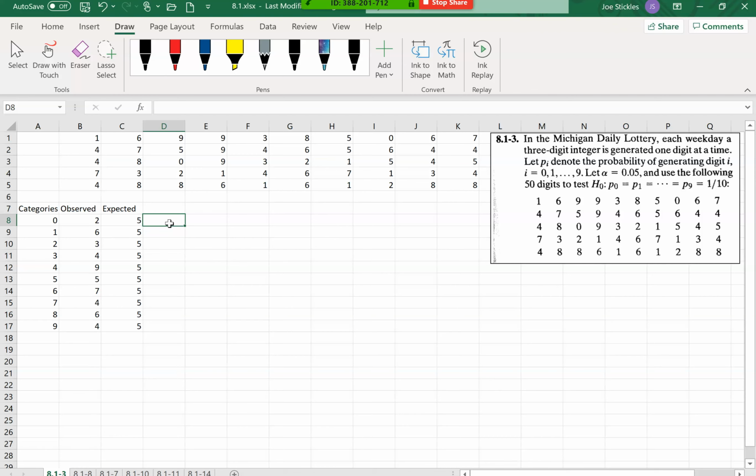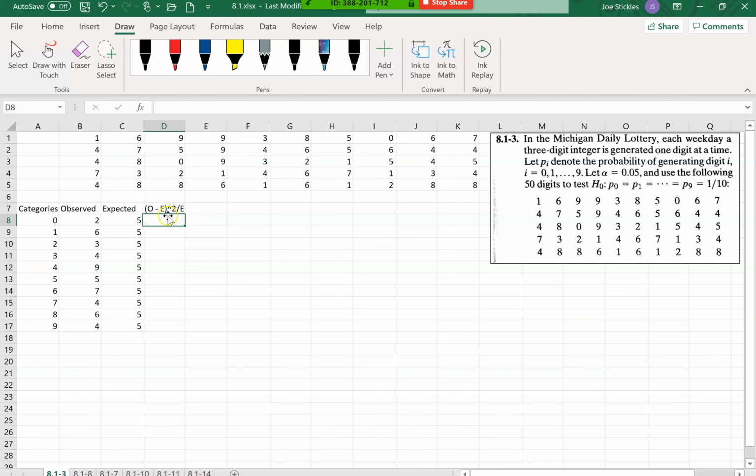All right, so then in this column, I'm going to do my individual statistics. This column is the observed minus expected squared over expected. Because remember the formula was y sub i minus n p sub i, squared over n p sub i.